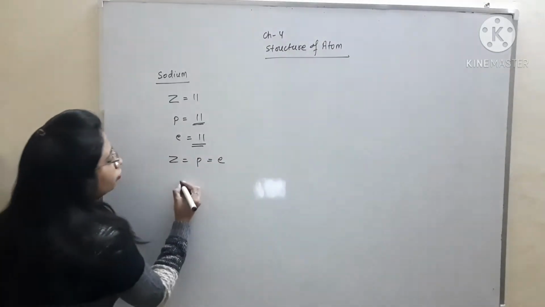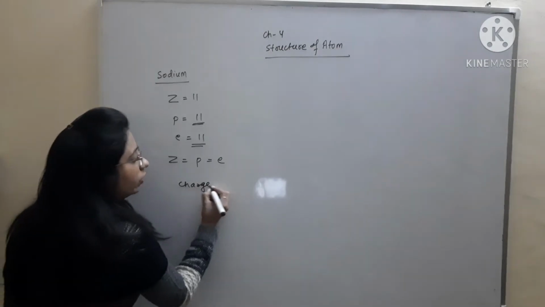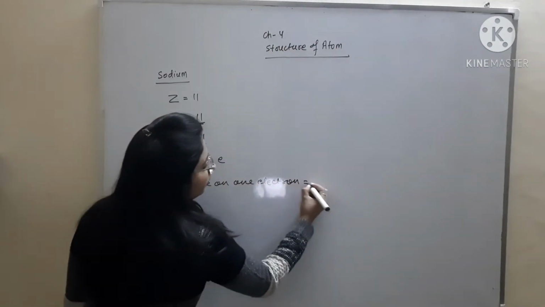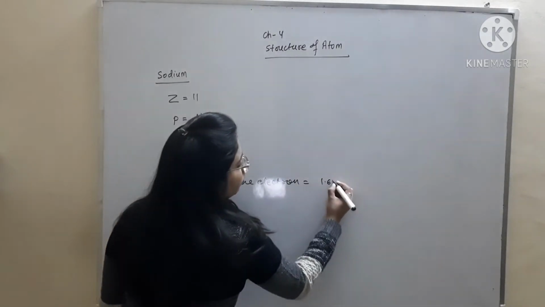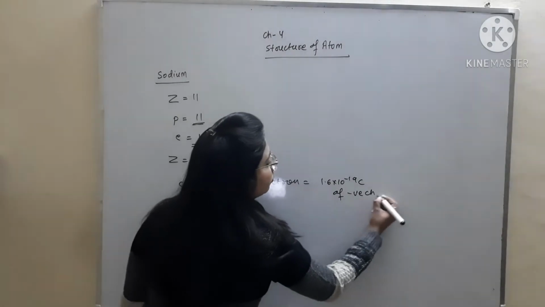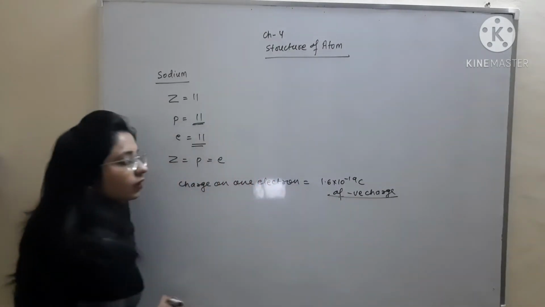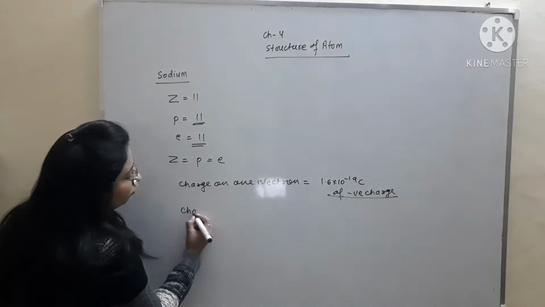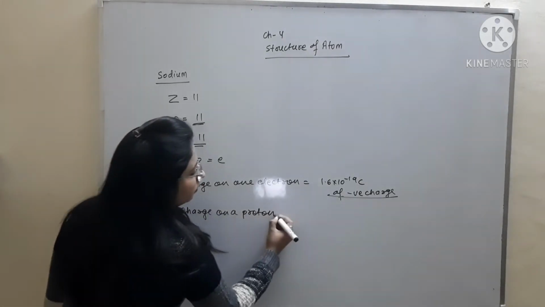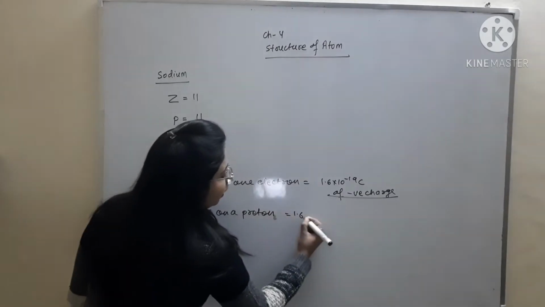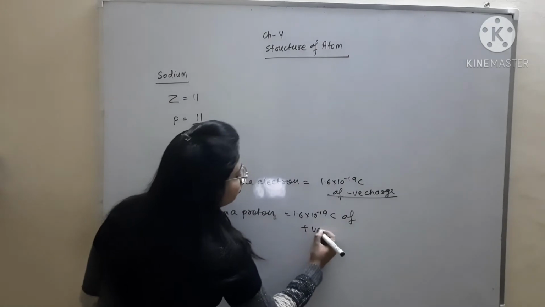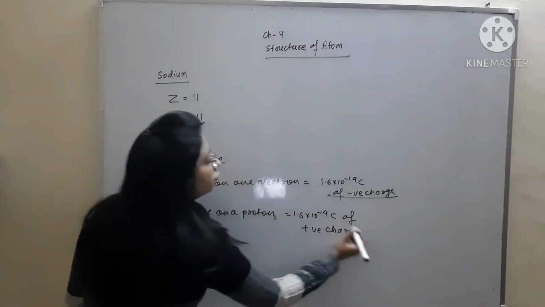I told you that the charge on one electron is 1.6 into 10 to the power minus 19 coulombs of negative charge, and the charge on a proton is 1.6 into 10 to the power minus 19 coulombs of positive charge.